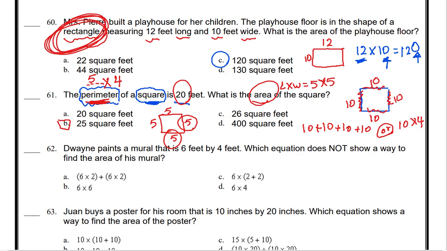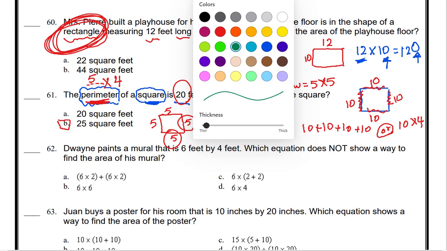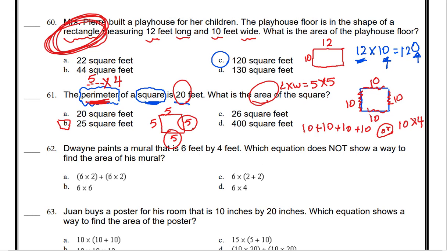And again, everyone, I'll explain it one more time. The perimeter is the side length times 4. So what number can I multiply by 4 to get 20? The number is 5.